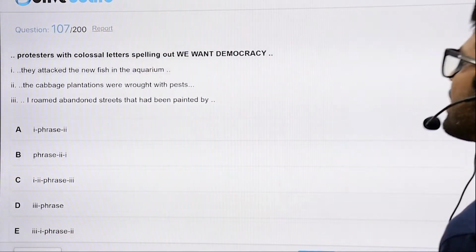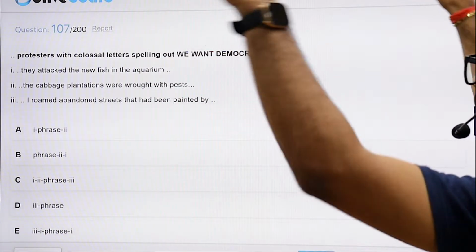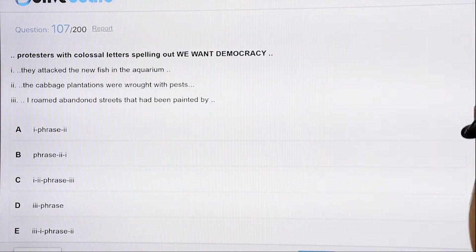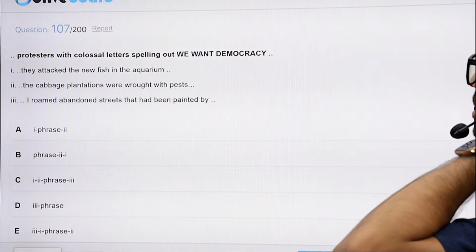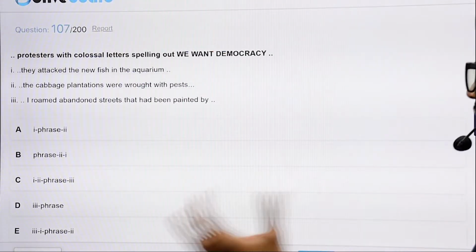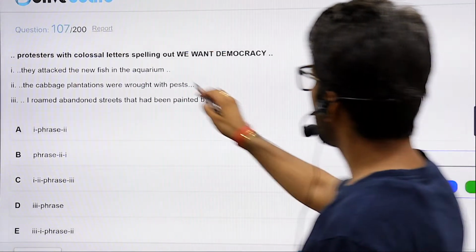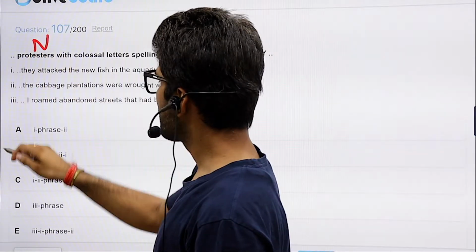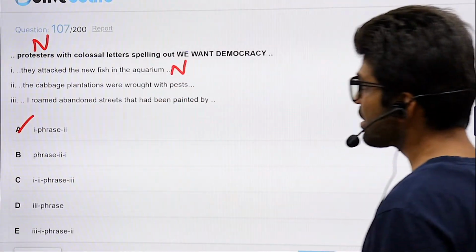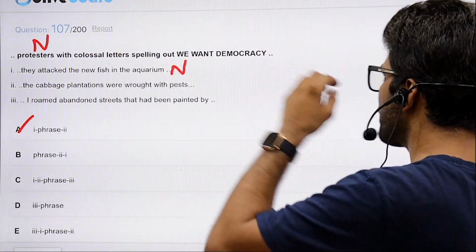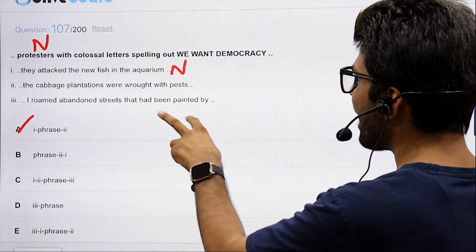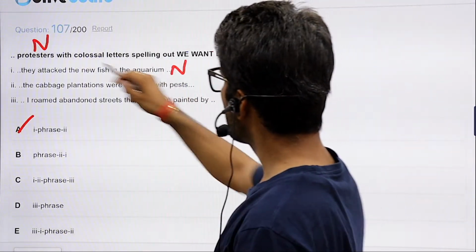Protesters with colossal letters spelling out "We want democracy." Okay, first phrase and second then. First, they attacked the new fish in the aquarium. Protesters, aquarium is a noun. Protesters is another noun. We can't have two nouns together. Nope. Phrase, protesters with this spelling out "We want democracy." Then the cabbage plantations were, you don't have a finite verb for this.